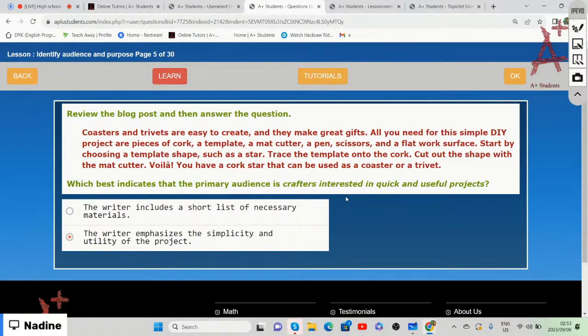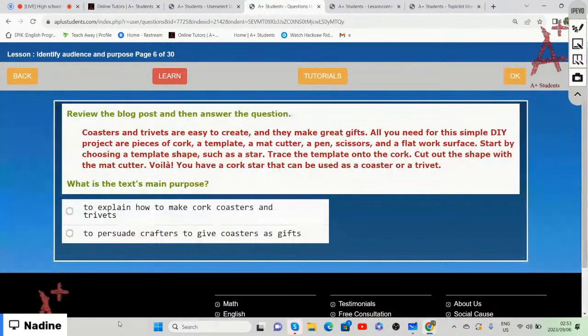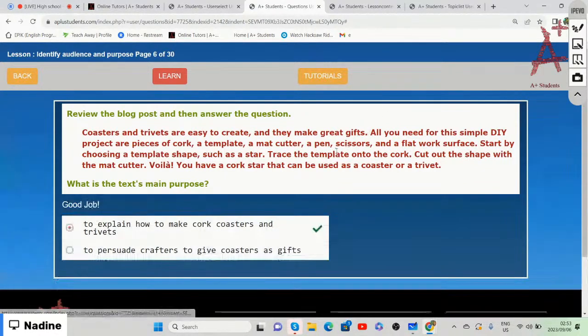So the simplicity and the utility of the project. And what is the text's main purpose? To explain how to make a cork coaster and trivets, or to persuade crafters to give coasters as gifts. How to make coasters and trivets.